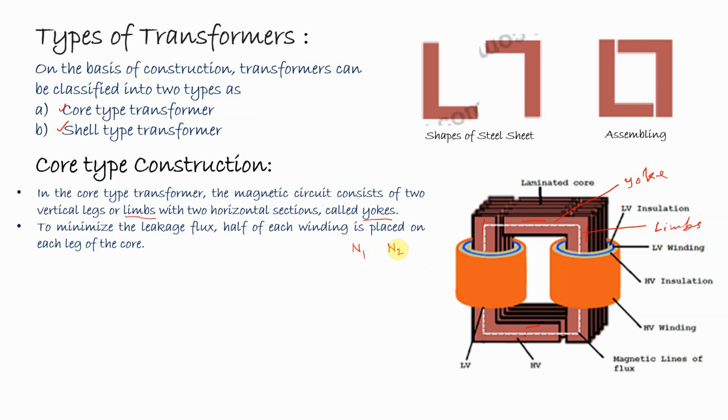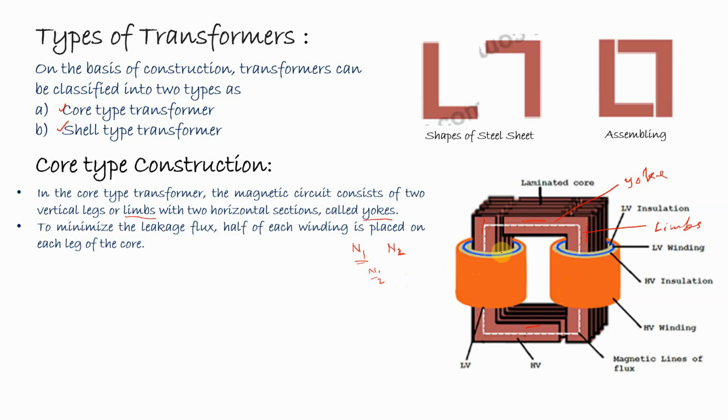The windings are placed on the limb in such a way that half of the low voltage windings, that means N1 by 2, are placed on one limb and the other half is placed on the other limb.